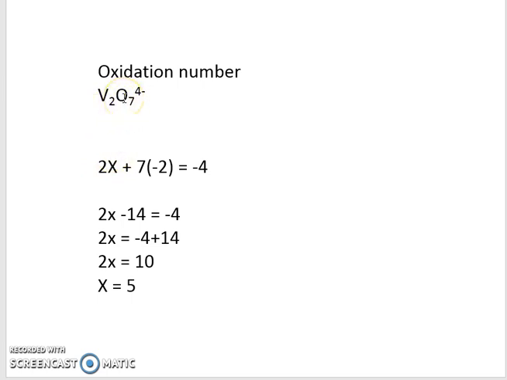It's not a peroxide, so the oxygen has an oxidation state of minus 2. So 7 times minus 2, and this whole compound has a charge of minus 4, so it's equal to minus 4. Now you can solve for x. When you solve, x is equal to 5, which means your oxidation state of vanadium is 5.